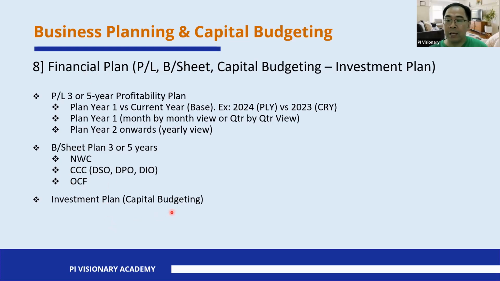So because of Kuan Yin, after you discuss with the production director, you want to buy an additional machine to increase the production output per hour. He will prepare the investment plan, capital budgeting. Usually the CFO or finance director will be responsible for this.